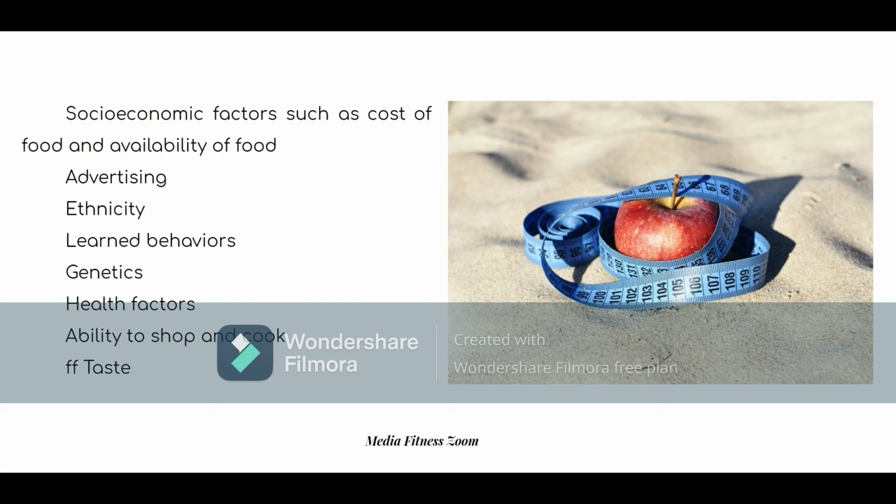Learned behaviors also play a major role. If we know that a healthy lifestyle is good, it can bring us satisfaction, joy, and pleasure. We can participate in different kinds of sport. We can be more productive, more successful in our life by regular physical activity, and by introducing more healthy food in our ration, in our diet.